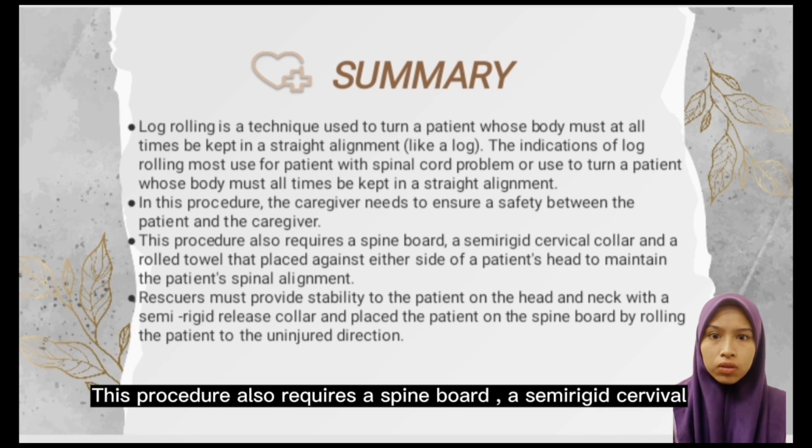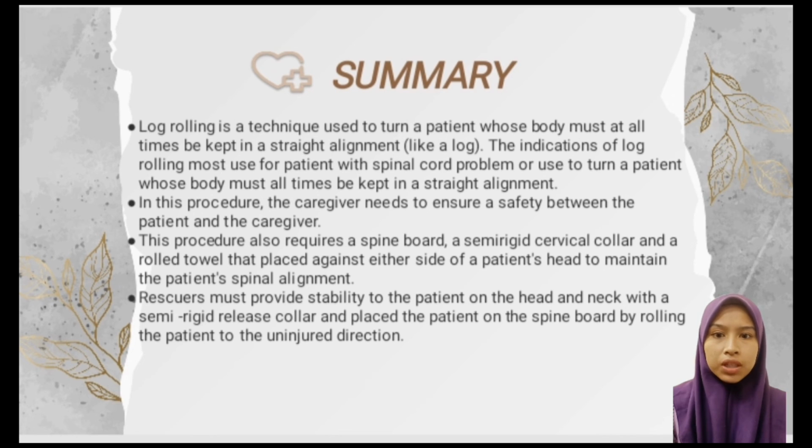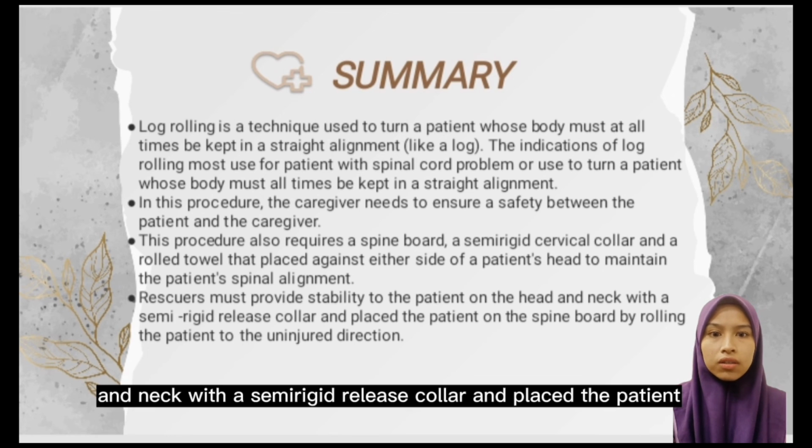This procedure also requires a spine board, a semi-rigid cervical collar, and a rolled towel placed against either side of a patient's head to maintain the patient's spinal alignment. Rescuers must provide stability to the patient's head and neck with a semi-rigid cervical collar and place the patient on the spine board by rolling the patient toward the uninjured side.